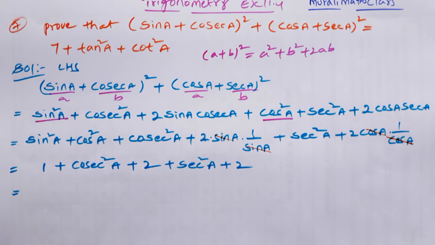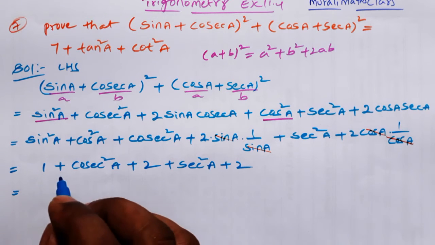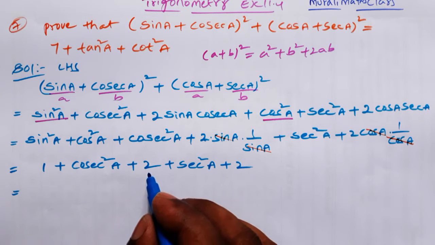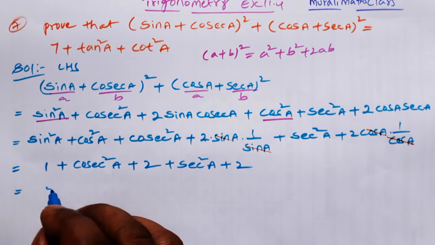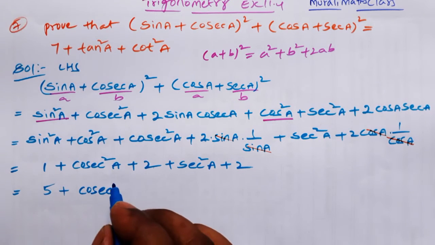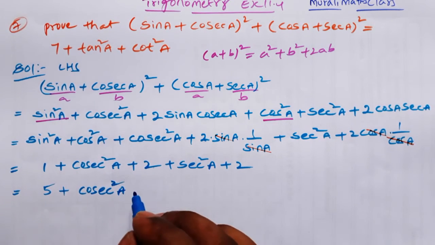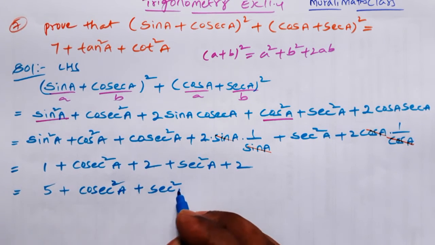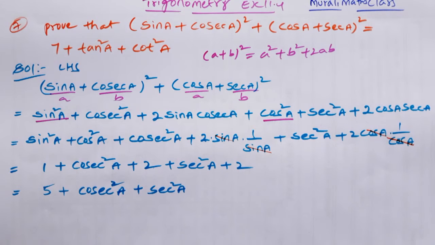How much will you get? 2 plus 2 is 4, plus 1 is 5, plus the remaining same, cosecant square A plus secant square A as it is.